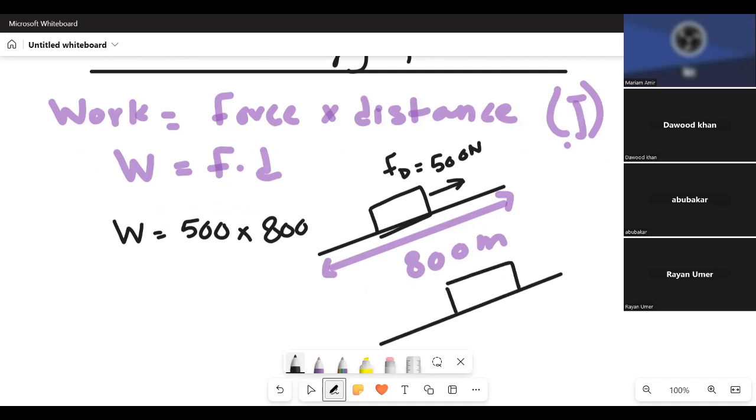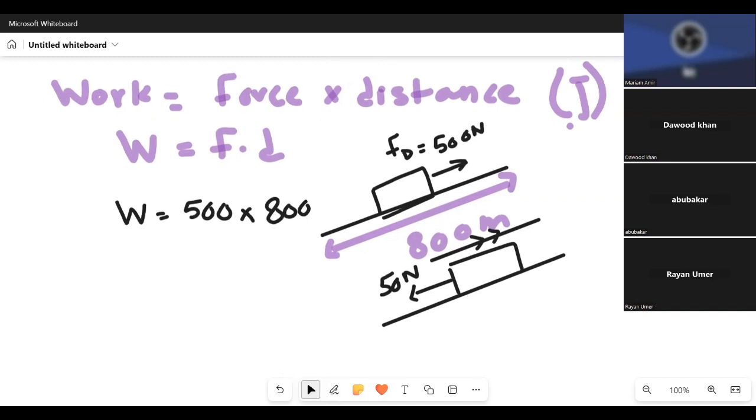And then you might be asked to find work done by the resisting force. So you might be given a resisting force in the question that this lorry is going upwards, and then there's a backward resistance in the opposite direction of, let's say, 50 newtons. Then the formula is the same. Work done is equal to force times distance. But this time you will use the force exerted by the resisting force.